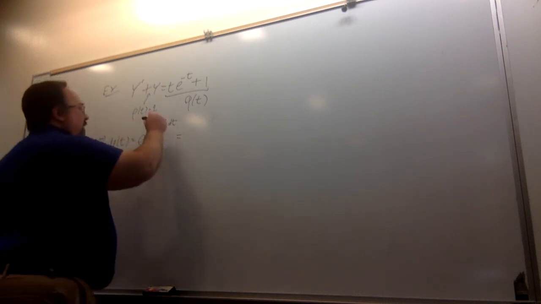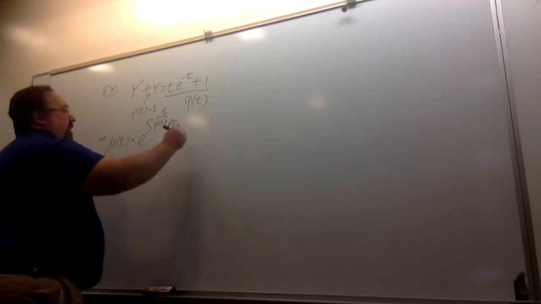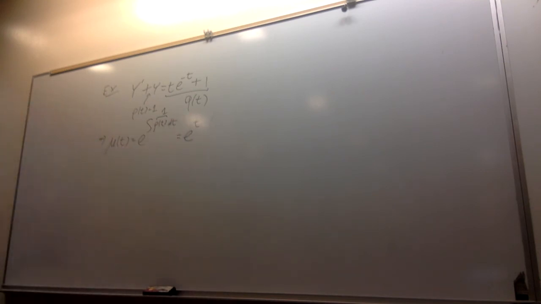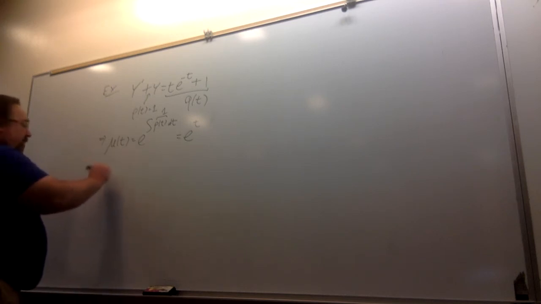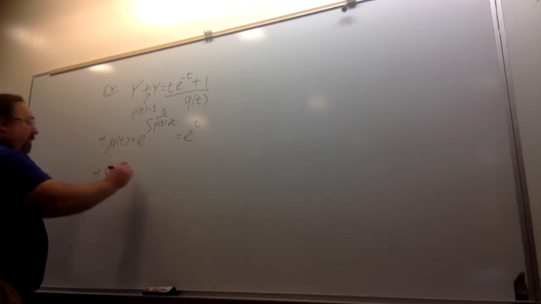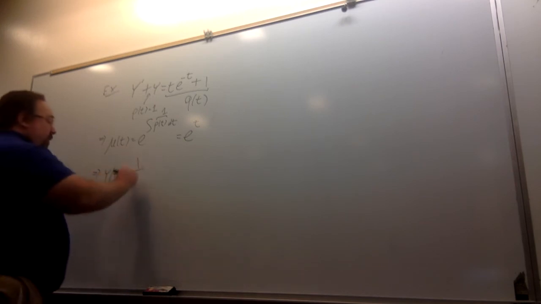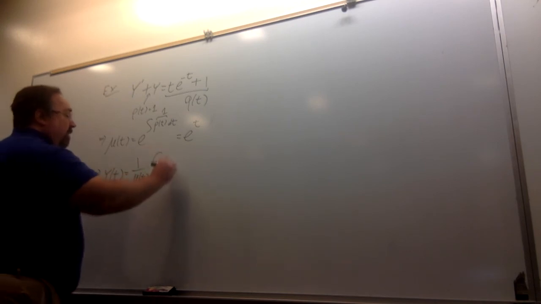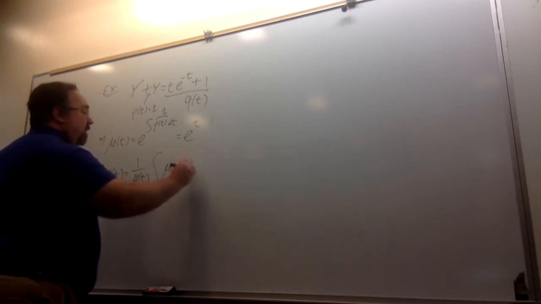Yeah, so here we fill in 1, so we get e to the t. Okay, so now we go to the solution formula. y of t is 1 over mu, integral of mu times q.